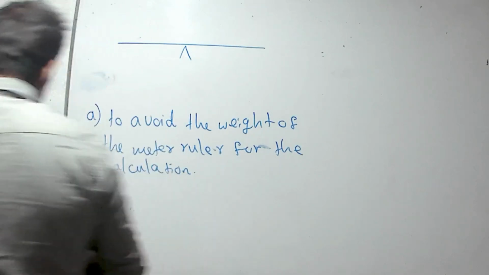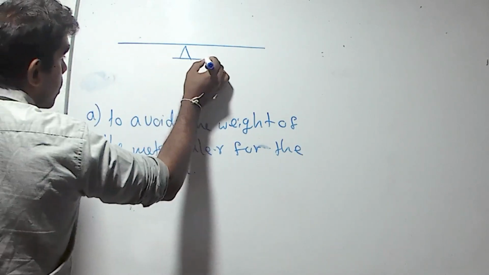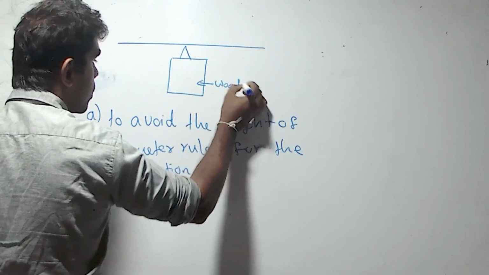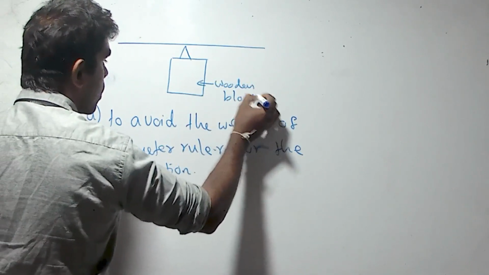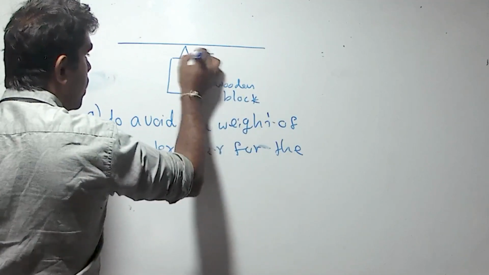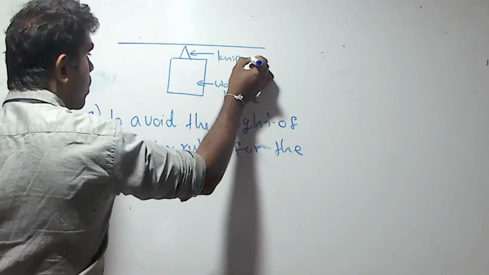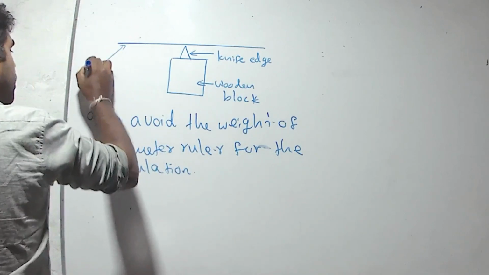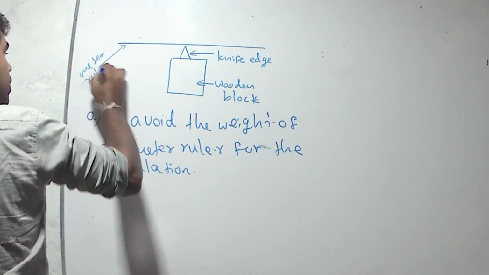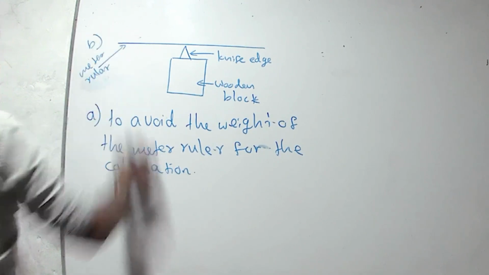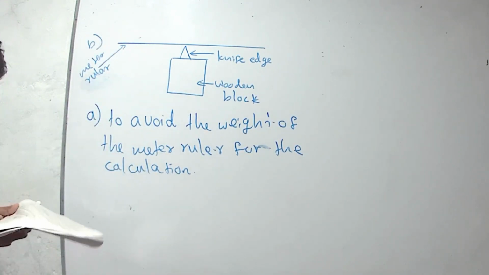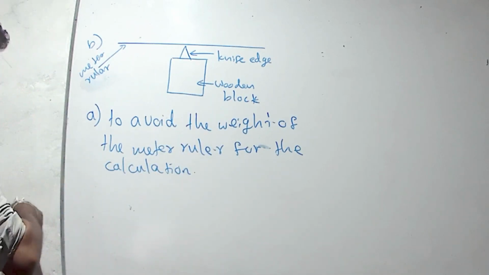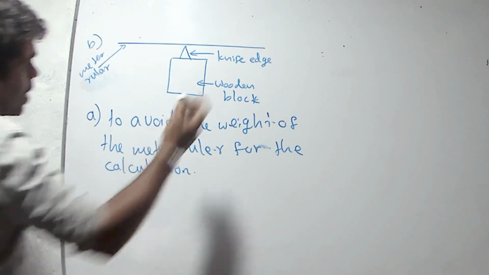We have to draw the wooden block, knife edge, meter ruler, and we have to hang masses.